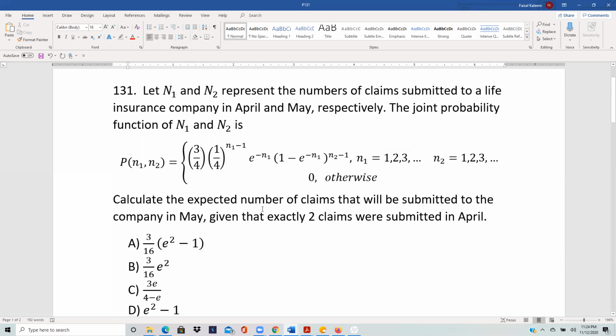Now, before doing this problem, we will talk about another distribution about which we haven't yet talked in this course, and that is the geometric distribution, and you will see towards the end why that is so important.